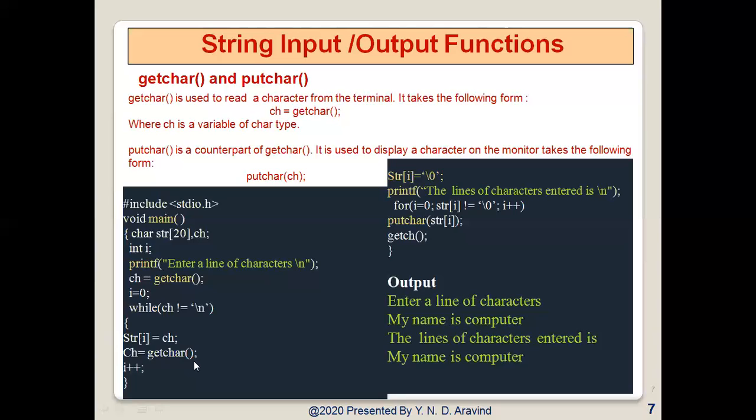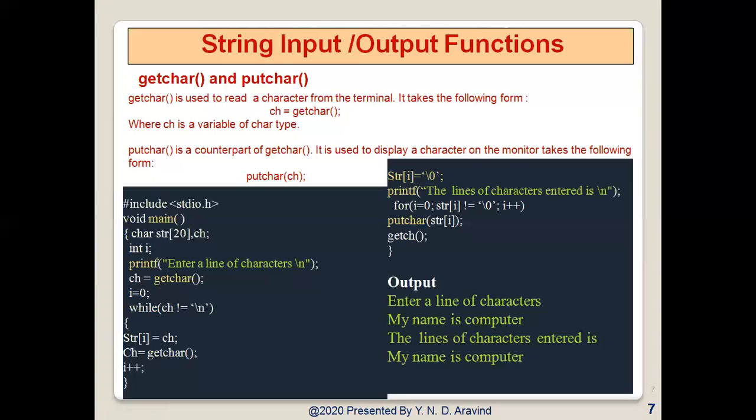Now I get my second element, which goes into ch, and i++. Now the i value becomes 1. If I enter any other value and this condition is satisfied, again it will come here, and str[1] will be placed with the character I have entered. In this format, I can enter lines and lines of data into it.